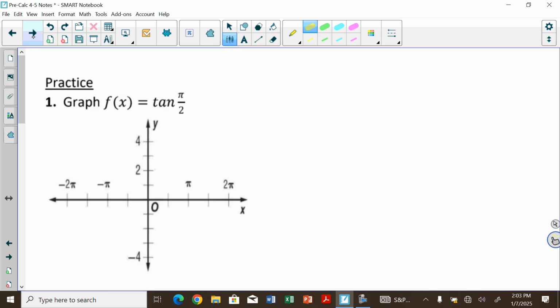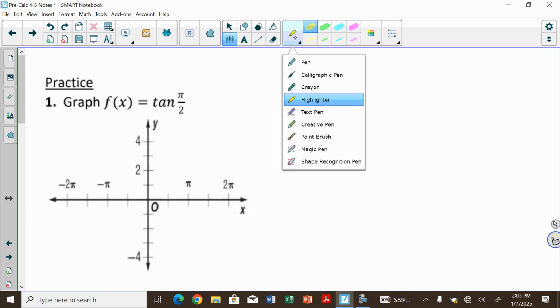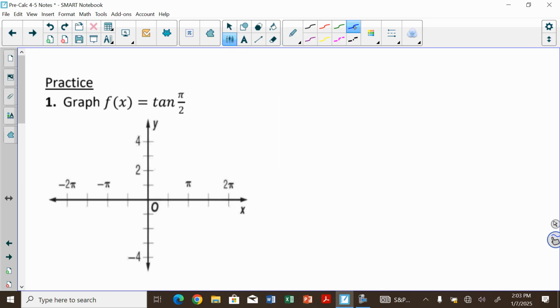All right. So let's first take a look at what we have. The first thing we want to do is look at our function here, f of x equals tangent of 1/2 x, or 1/2 pi. So remember, our b value here is actually going to be 1/2. When we talk about our period, in the parent function we didn't have a b value, right?